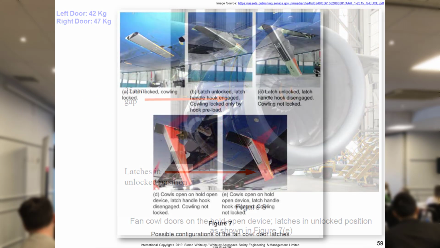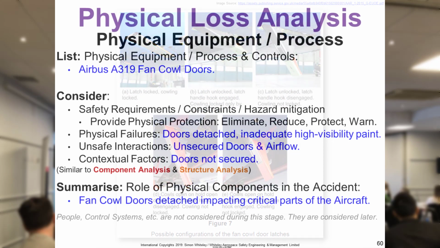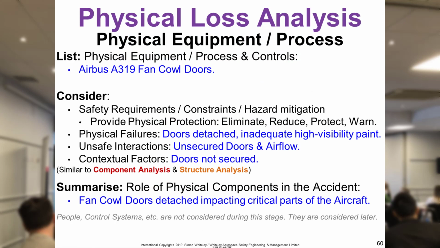Okay, so this is the fan cowl, we've talked about that. So when we analyse the physical loss, we first list the physical equipment. So in this case, it's an Airbus A319, fan cowl doors. We consider physical failures. So you know I said about failures versus non-failures that are dangerous. So this is where your failure analysis is included. So we've got the doors detached and there was inadequate high visibility paint.